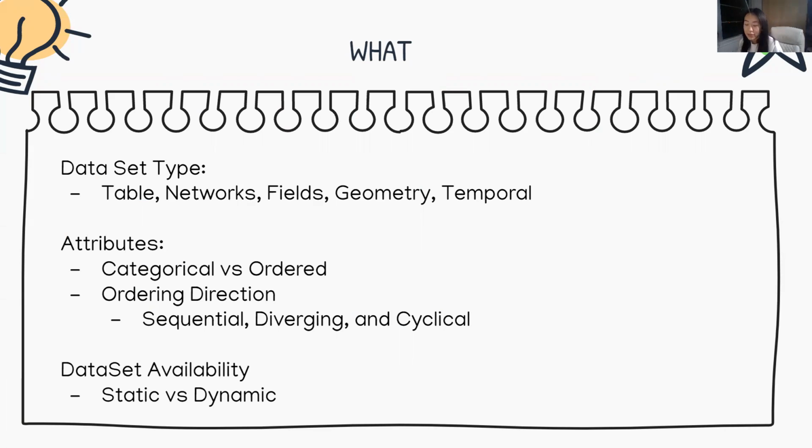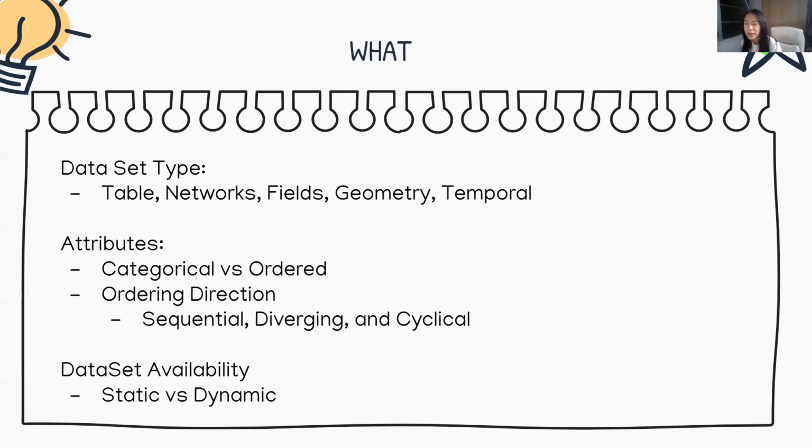And data set availability, which is whether those data sets will be available after a number of months, and if so, then you will want to highlight that, or maybe automatically update in your data visualization.